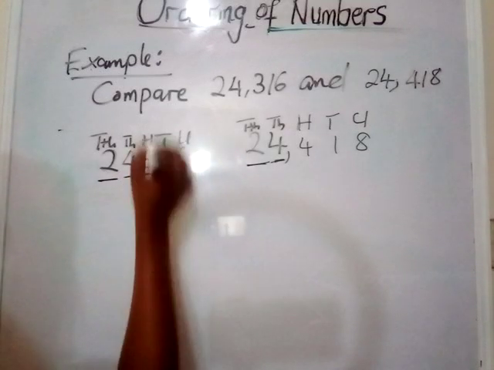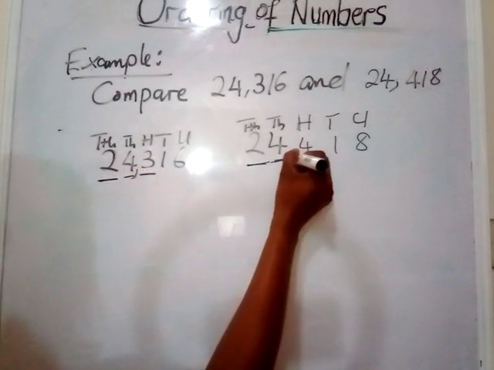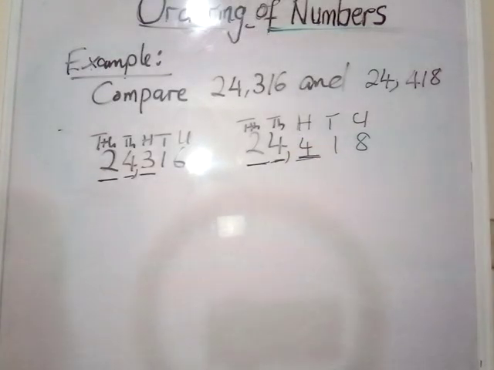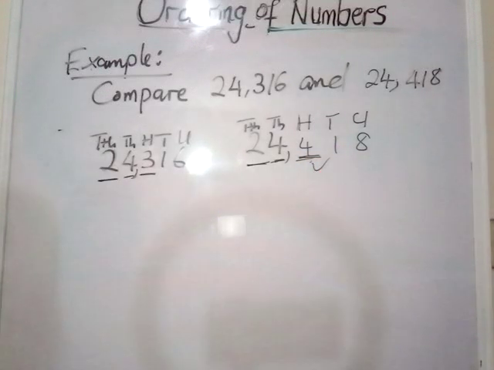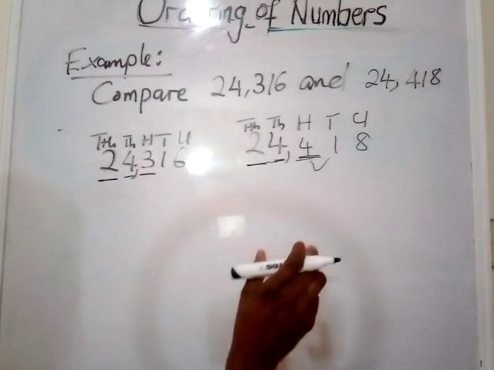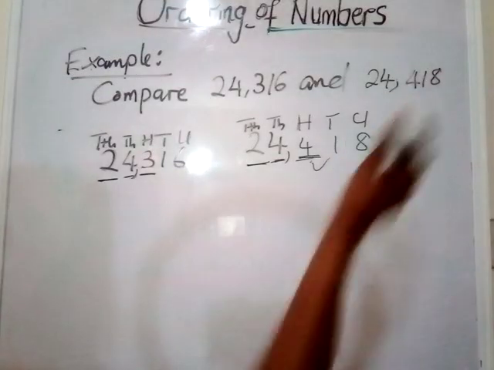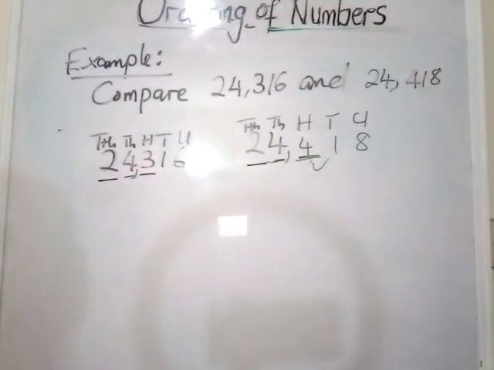So here in the hundreds position, you have 3 for the first number, and for the second number, in the hundreds position, you have 4. Now we know that 4 is bigger than 3. You're going to stop there. You don't need to continue with the tens and the units. They are irrelevant, because 100 holds a higher value than tens and units.